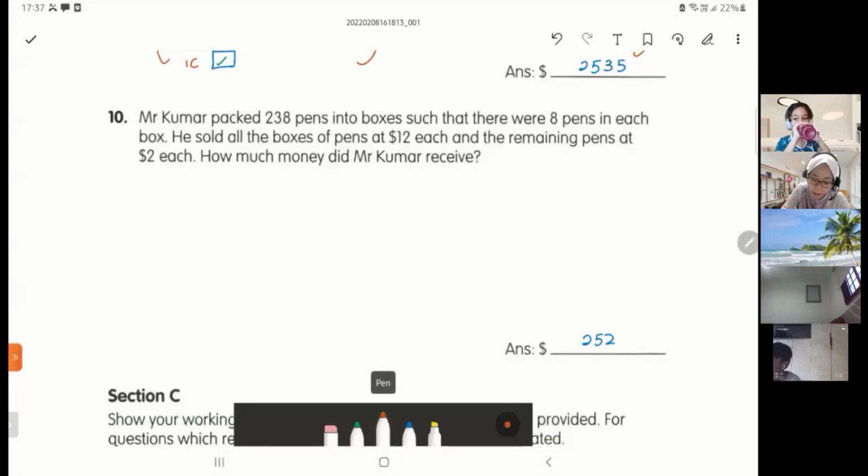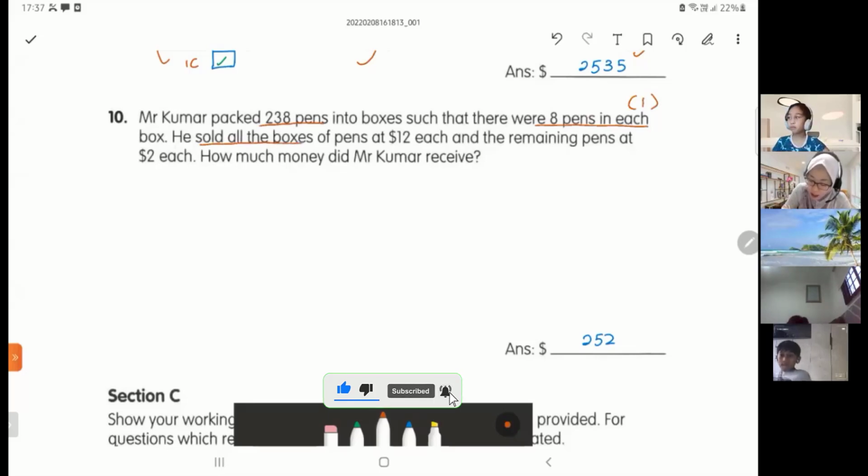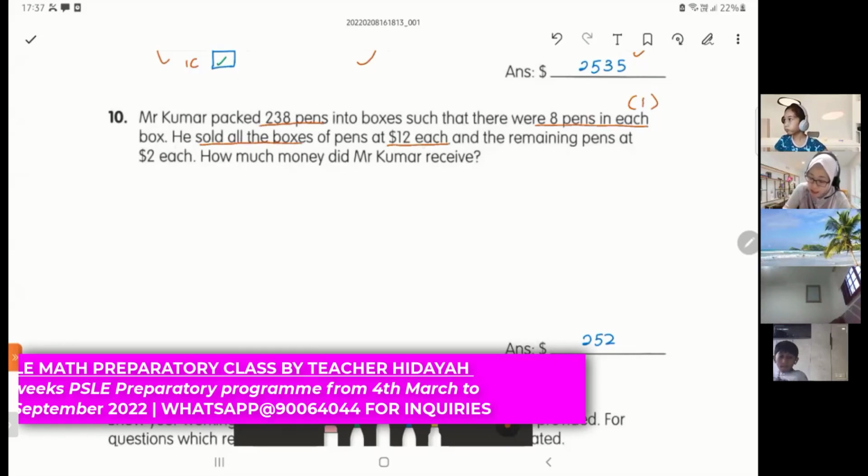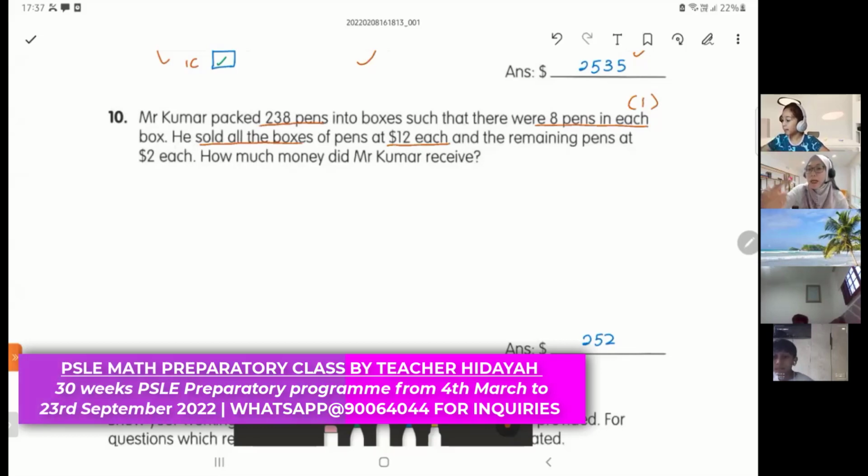Mr. Kumar packed 238 pens into boxes such that there were 8 pens in each box. Each means one box. I always do this so I can remind myself what each means, so I know what to look at in the next line. He sold all the boxes of pens at $12 each, meaning when he sells it at $12 per box.